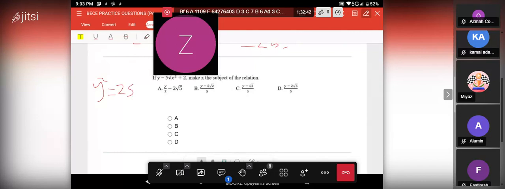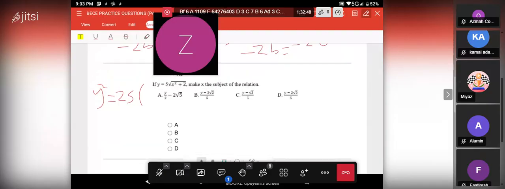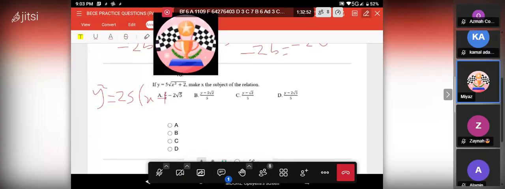Then the others will become x plus root 2, because we cannot get the square root of 2. Now as it is here, the square will remove the square root on x.